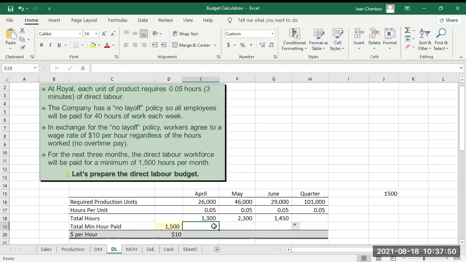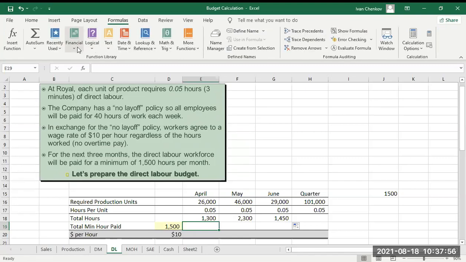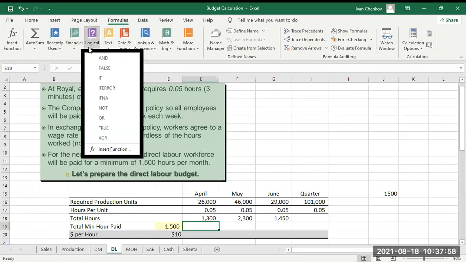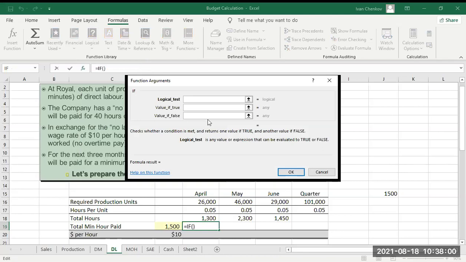1,500. So the formula here will be equal to, let's do the formula here. That will be logical, so we go with IF. The logical test will be if this number is less than that number.